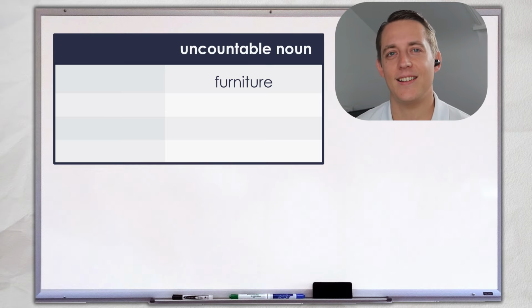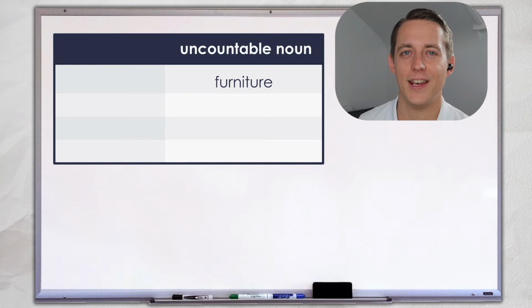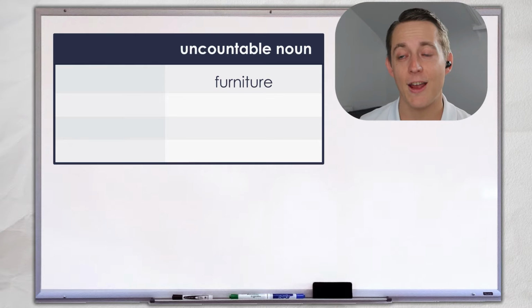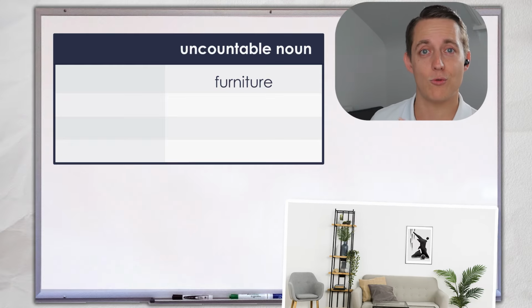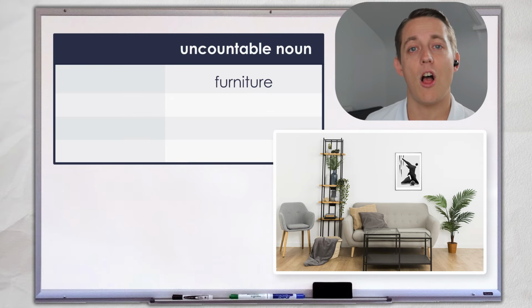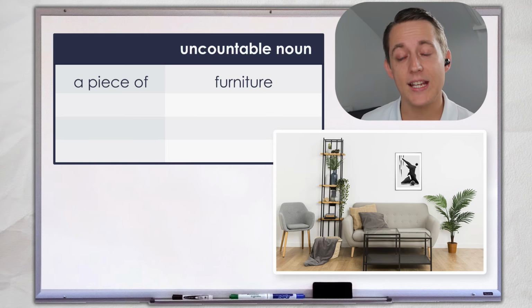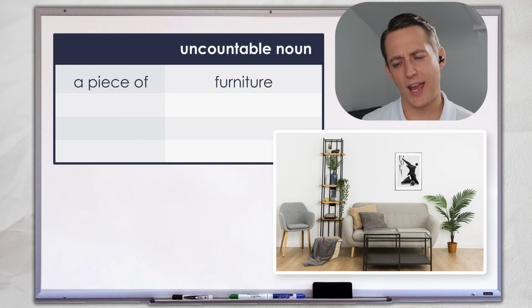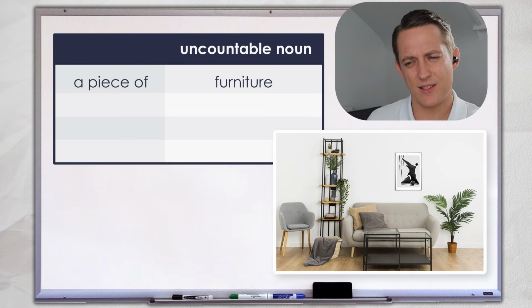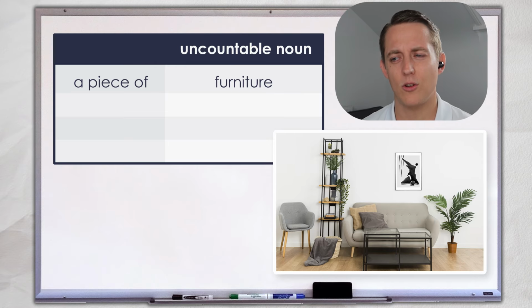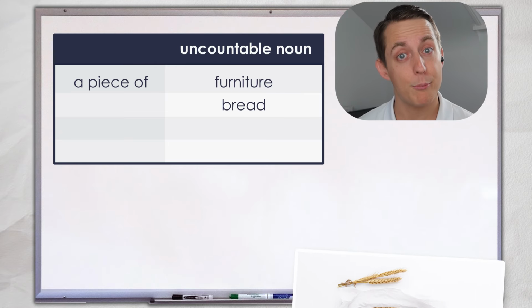Okay, so this is a little bit tricky. I think it's unfair, but furniture is uncountable. We cannot count furniture. When we look into this room, we see the furniture, right? Or we can talk about the pieces. Each thing is a piece of furniture. So countable and uncountable nouns, let's make it a bit more familiar. Talk about something we are used to, like bread.